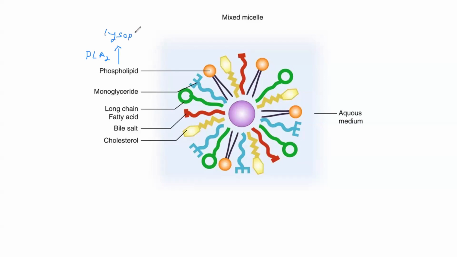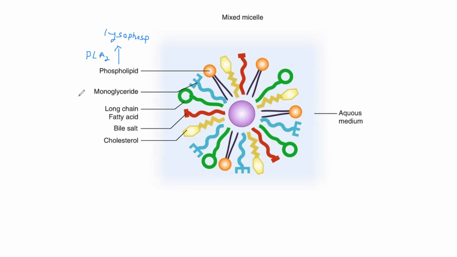Lysophospholipid is one of the major emulsifiers used in emulsifying detergent. So a lysophospholipid is generated when these enzymes act on the phospholipid.